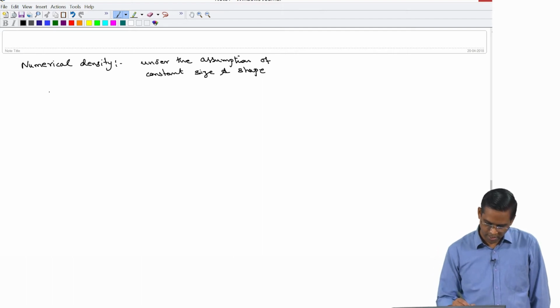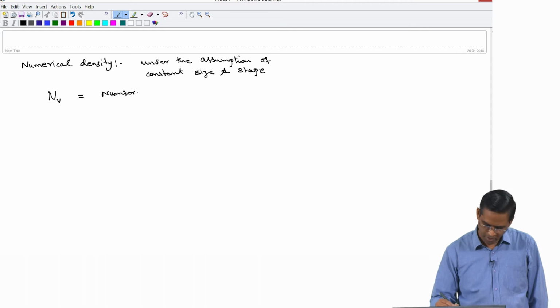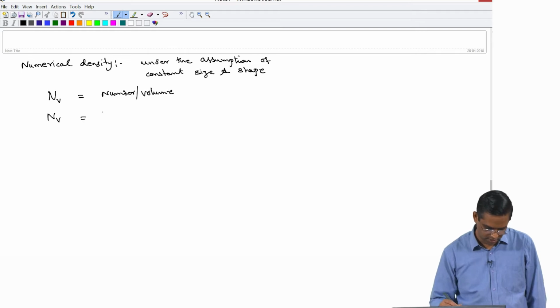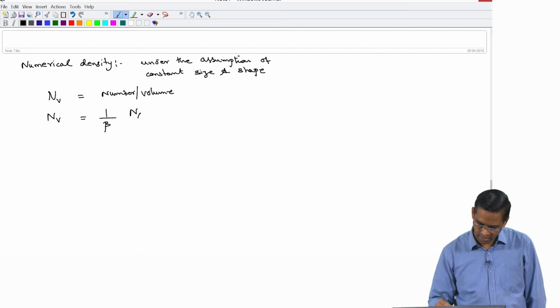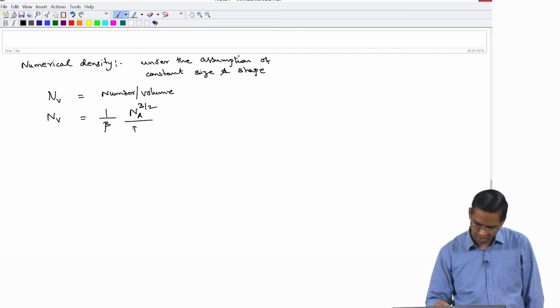So, we write this expression NV, which is equal to number per volume, and NV is written as 1 by beta times Na to the power 3 by 2 by Pp to the power half.